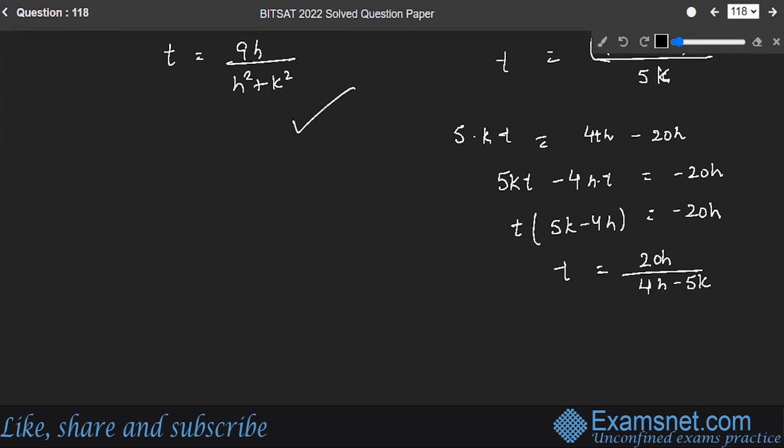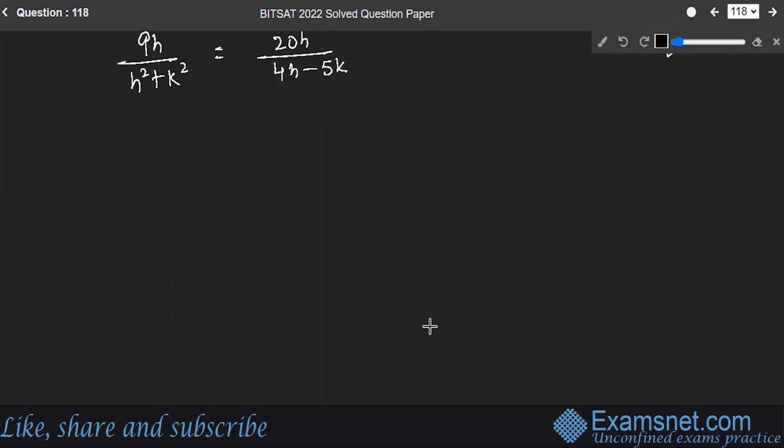So from these two equations, you have 9h upon (h square plus k square) is equal to 20h upon (4h minus 5k). Let's do the cross multiplication. So you will have 36h square minus 45hk is equal to 20h cube plus 20hk square. Let's take the h things common on one side.